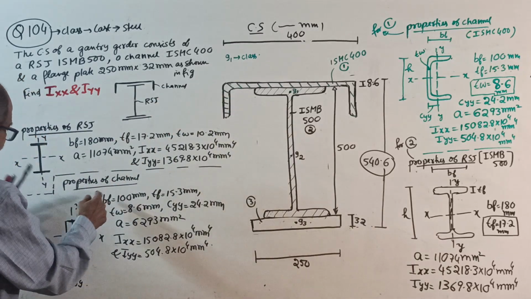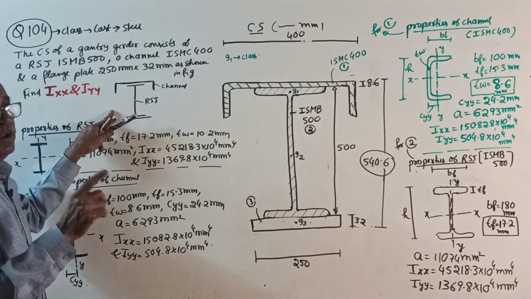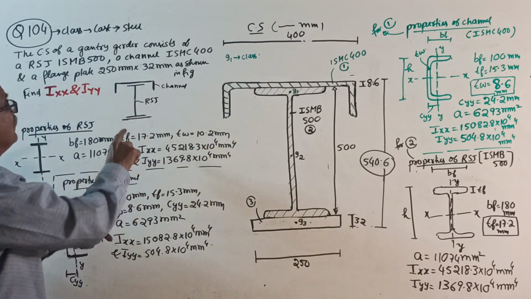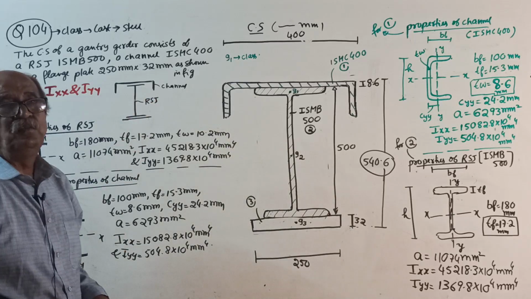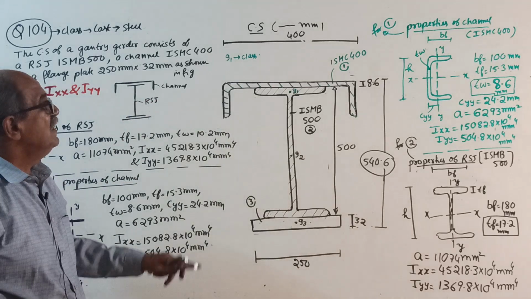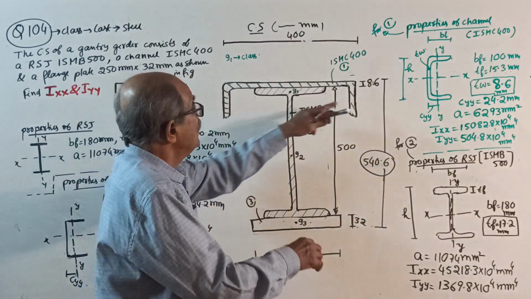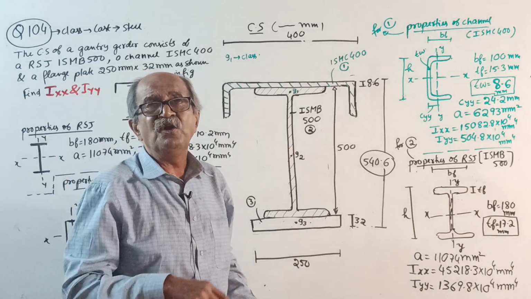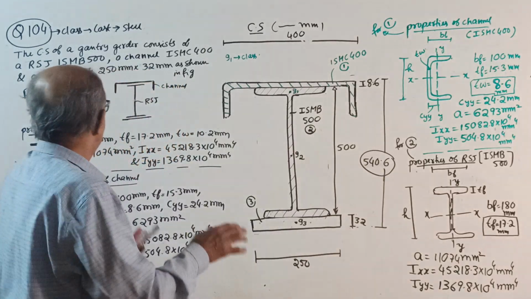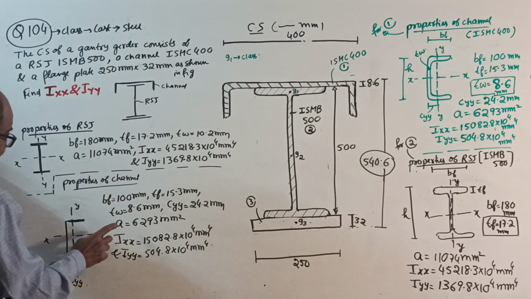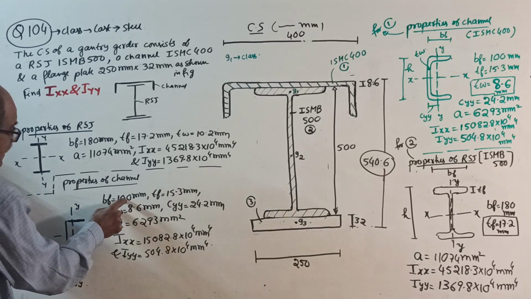And the property of the channel, remember, make a note. The channel is placed here this way, but the properties are not given this way. In the IS handbook, when they print properties, they always consider the channel like this. So this channel is actually turned, and you have to account for the turning in the calculation. If the channel is like this, then breadth of flange, 100.